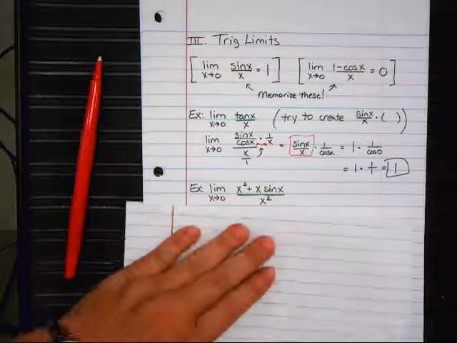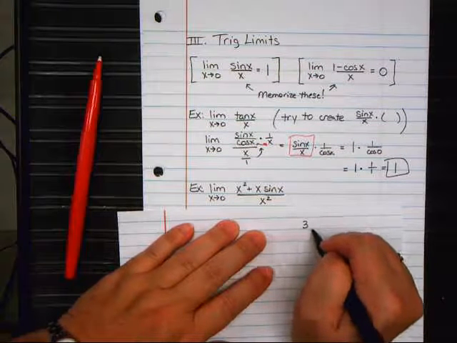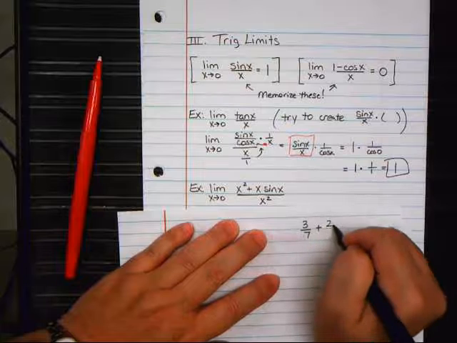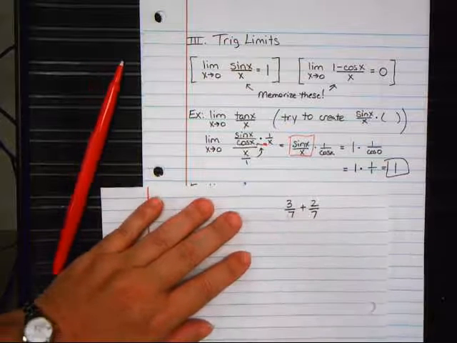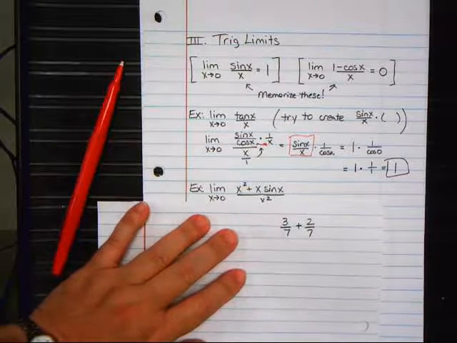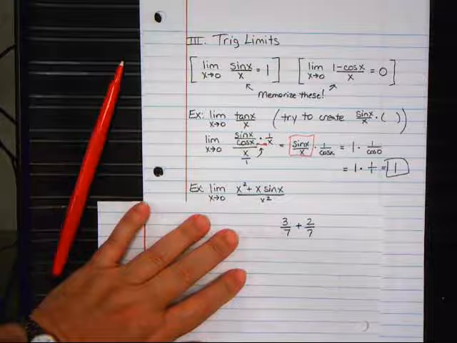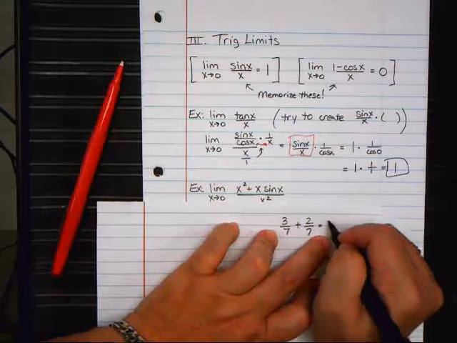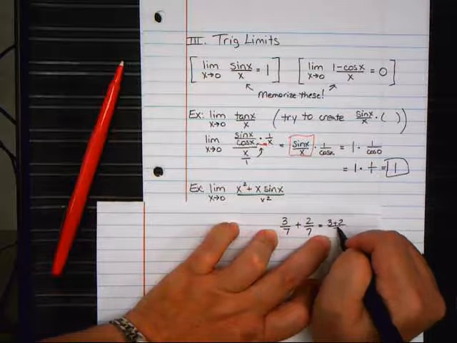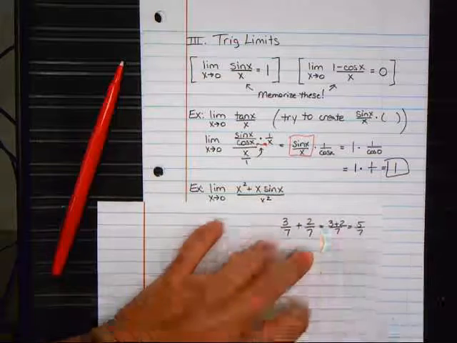Okay, if I give you this problem right here, 3 over 7 plus 2 over 7. When you add those fractions, do you add the numerators, the denominators, or both? The numerators. So this becomes 3 plus 2 over 7, which is 5 over 7, right?